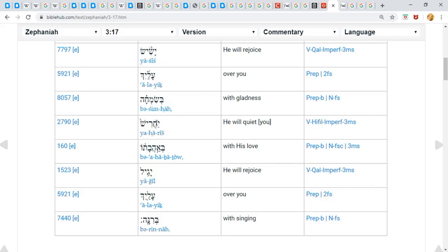In same he, make her his babe. He will quiet you with his love, to make her his, H-R-I-S. To make her his babe to, B-A-E-B, to make her his babe to Igil, I-G-I-L.